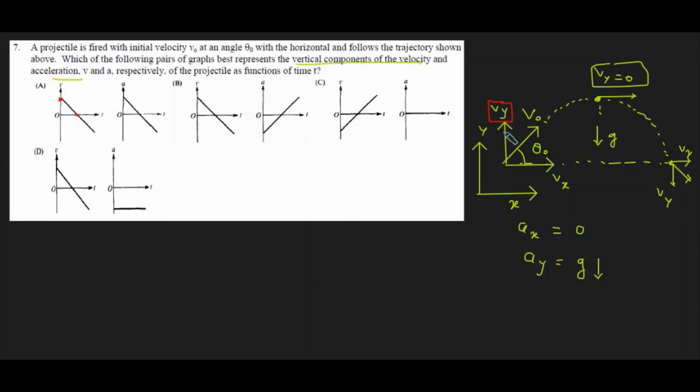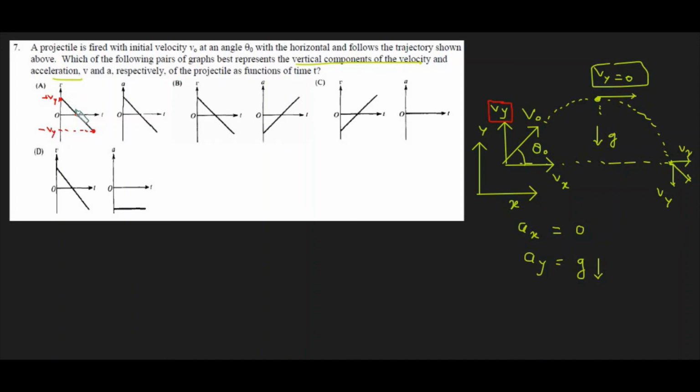And since the acceleration is downward and the velocity is upward, the velocity is continuously decreasing, so the negative slope is representing that, and once it reaches the ground again, it will strike the ground with the same velocity. So if this magnitude is plus vy, this would be negative vy.